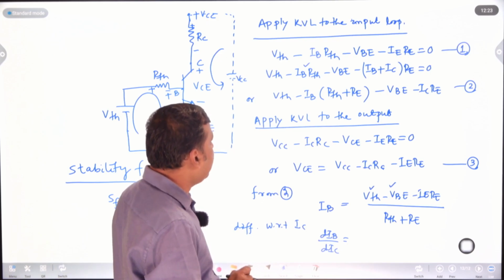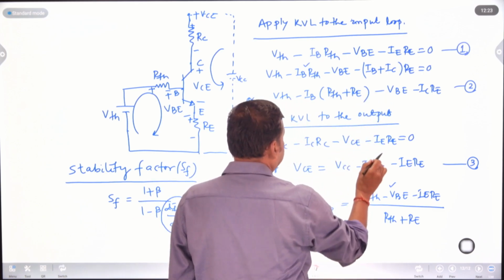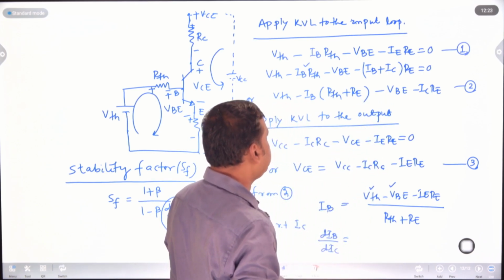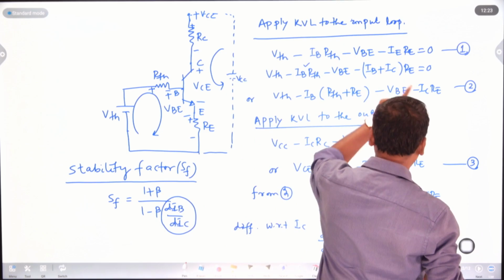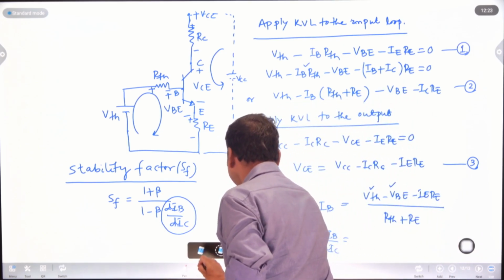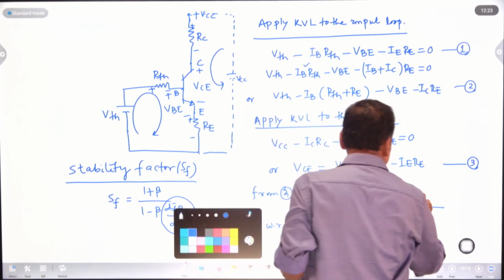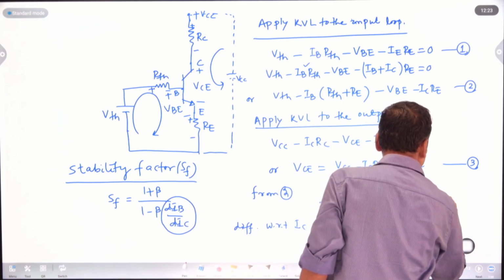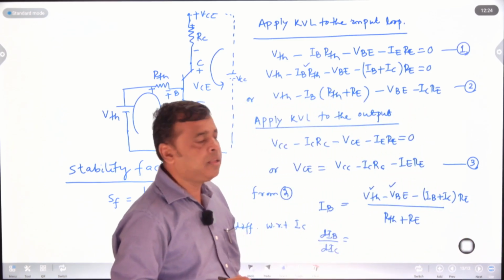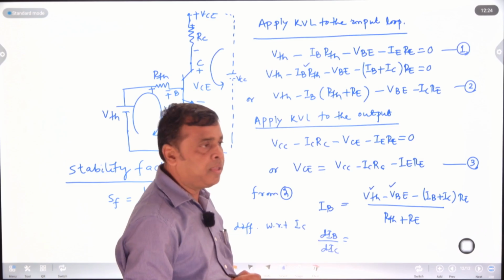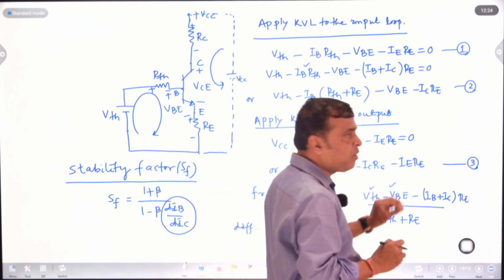So what happened in dIB by dIC? We have not yet converted IE, because we are differentiating base current with respect to collector current. In place of IE, we can put IB plus IC, because the term must contain IC.